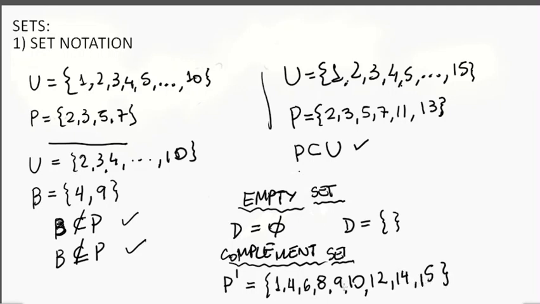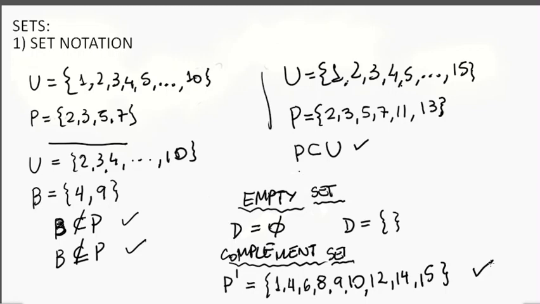So let's check. If we get P with our P prime, we should have all the elements which we have in the universal set. So 1, 2, 3, 4, 5, 6, 7, 8, 9, 10, 11, 12, 13, 14, 15. There you go. That's our complement of a set.